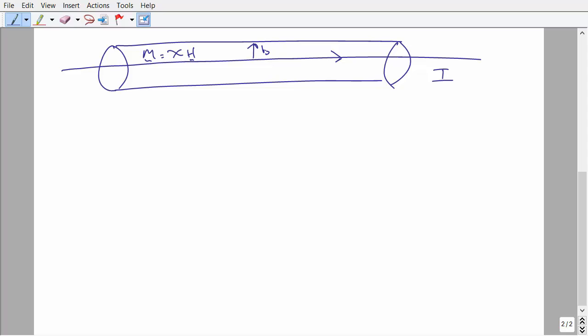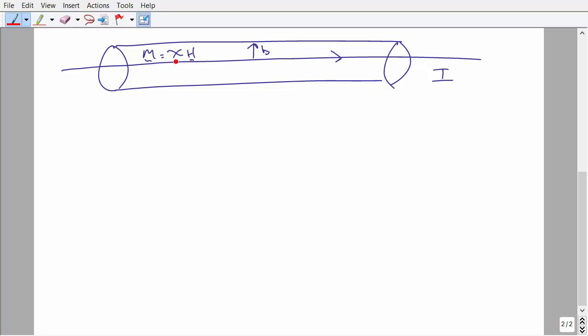Okay, so what we've got here is a current carrying wire carrying current I, and it's embedded inside a solid cylinder. This is a solid cylinder of magnetic material, where the magnetization is going to be related to the H field by this constant here. I always forget the name of this constant, so I'm just going to call it chi. All right.